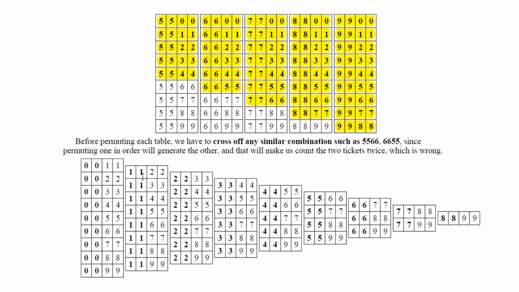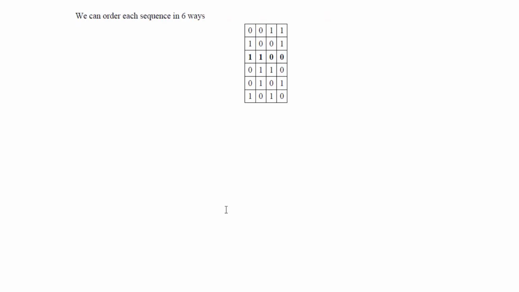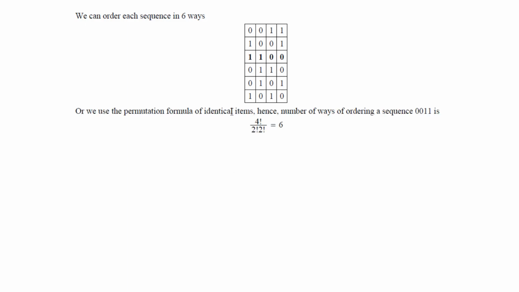So the number of tickets in all these tables times the permutation. So we can permute any ticket with the form 0011 or the ticket in the form AABB.